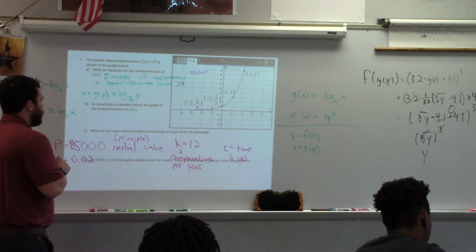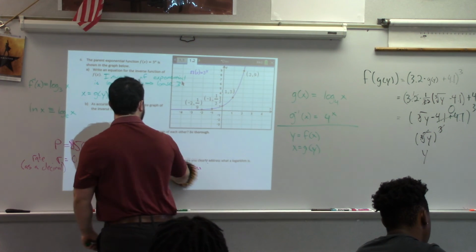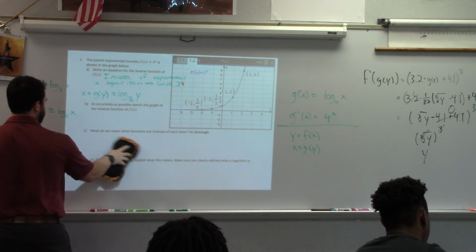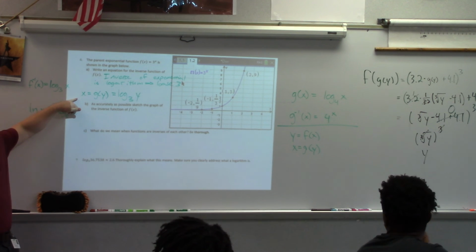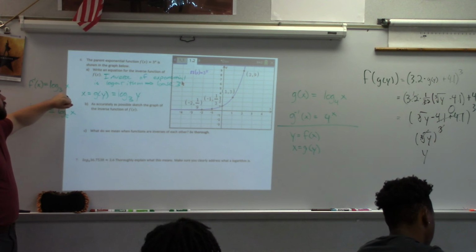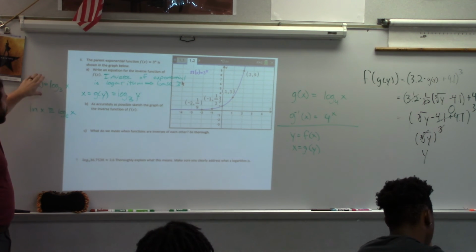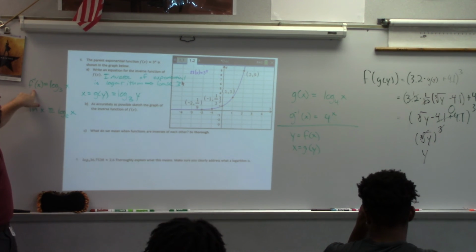So I see what your issue with that was now. I would have accepted this notation if you had used it, and that might have been a 5 or a 5.5 with explanations. The more proper notation, if you're showing clearly that it's literally the inverse function of f of x, is that notation. Okay?